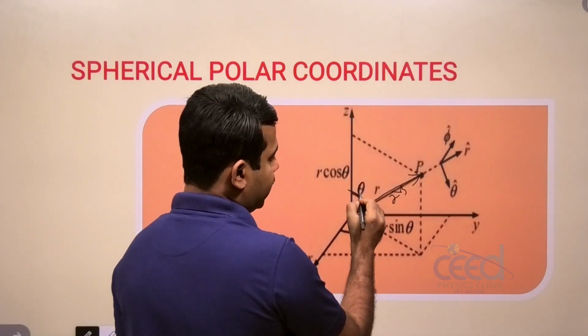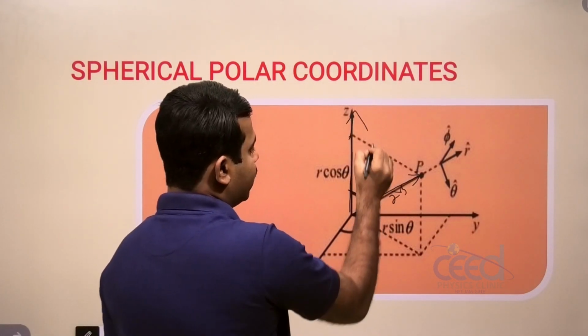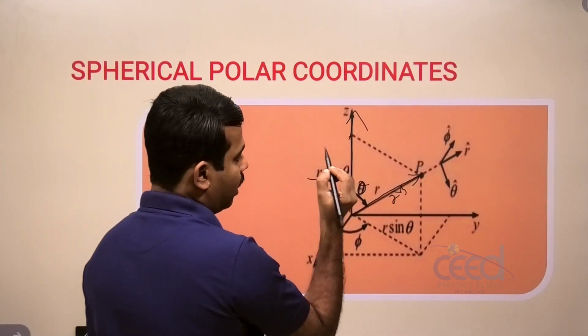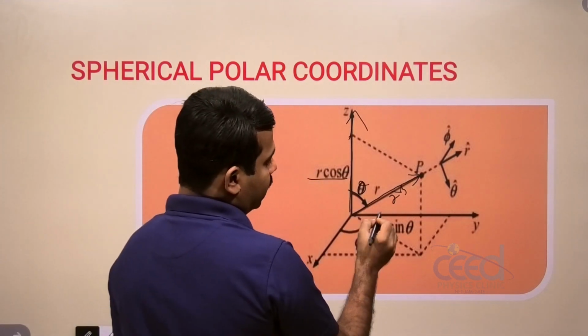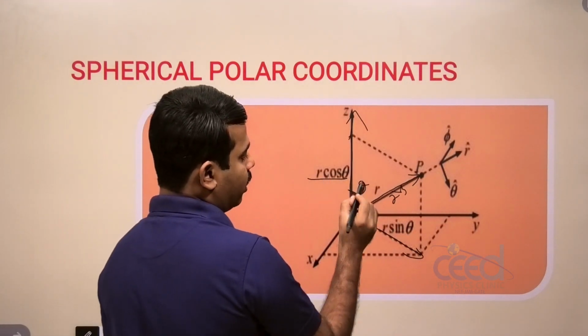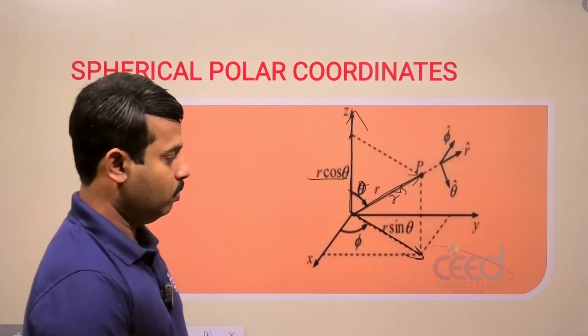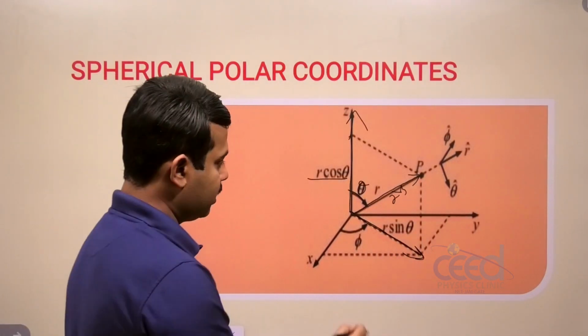If this angle is theta, then using trigonometry I can write this adjacent component as r cos theta, and the opposite component as r sin theta.